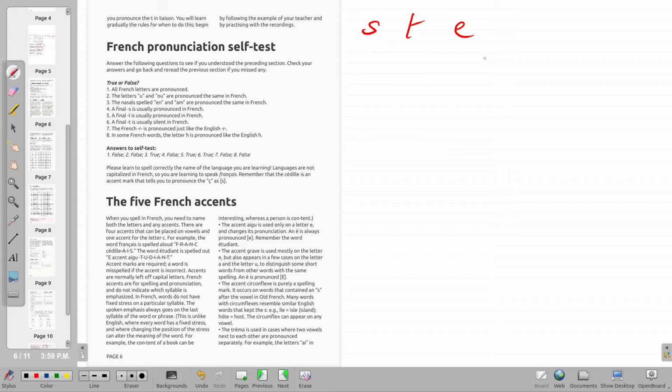We also read that certain letters like C, R, F, L can be pronounced at the end of certain words. So that you have studied.